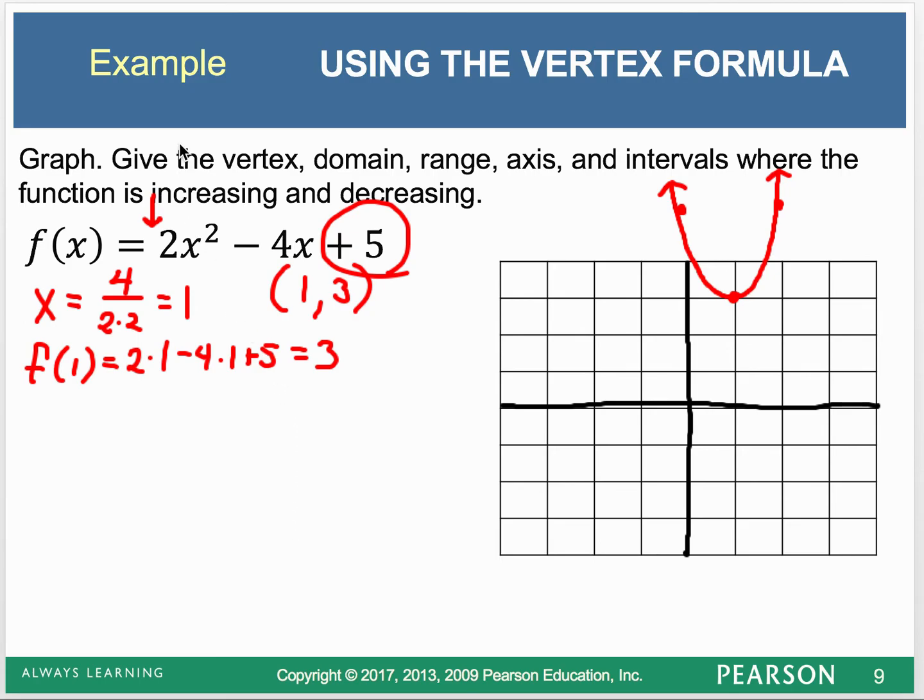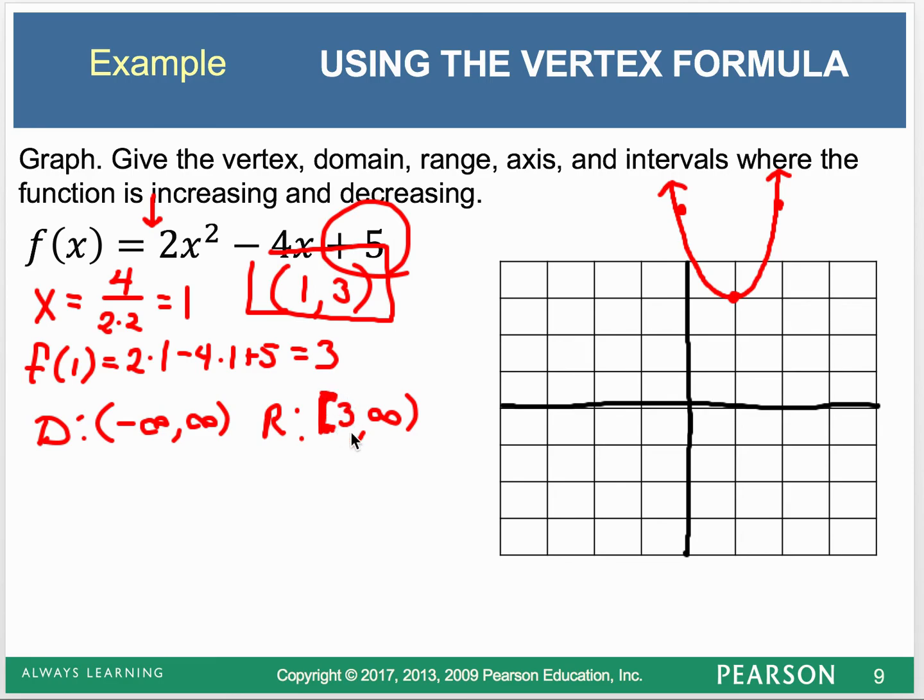Okay, then we could answer the same thing. What's the vertex? We've already stated the vertex. The domain, of course, is negative infinity to infinity, always on every parabola. The range is from 3 up, so 3 to infinity. That's a bracket. The axis of symmetry is an equation, so it's got to be x equals that x coordinate.